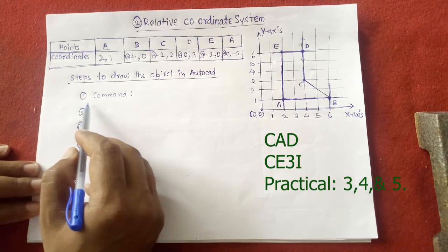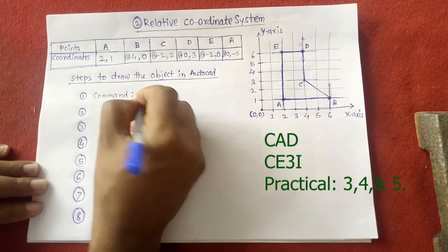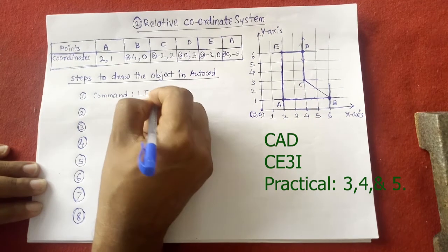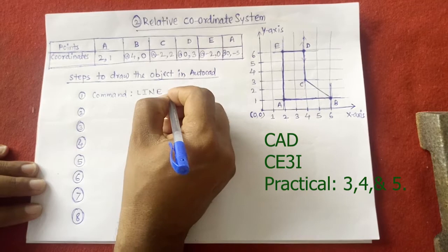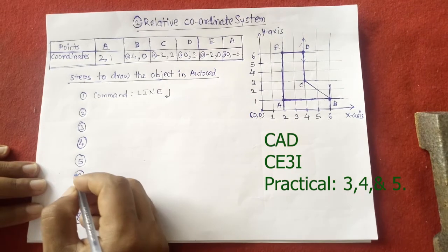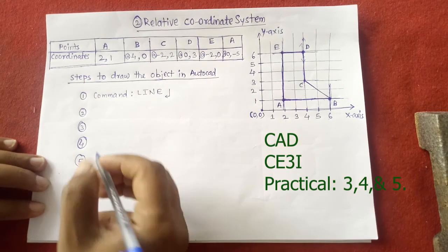So the first step will be type line in the command prompt and press enter button. The system will ask us specify first point.